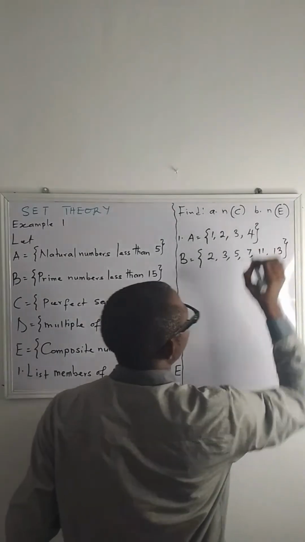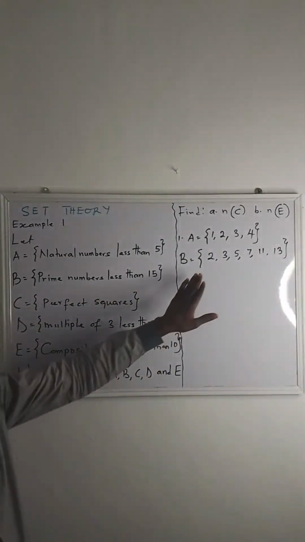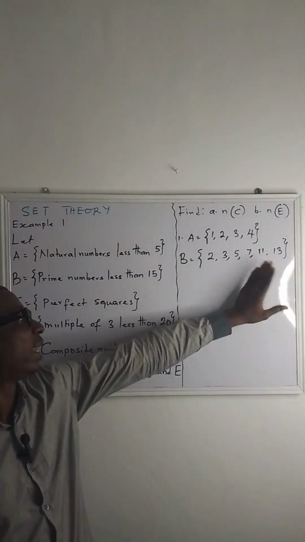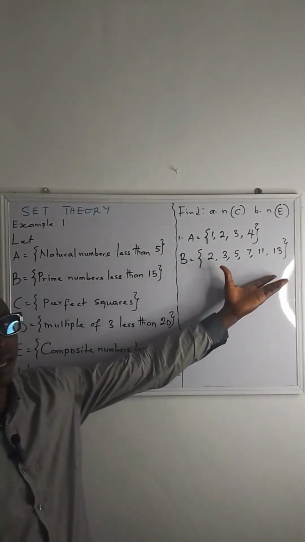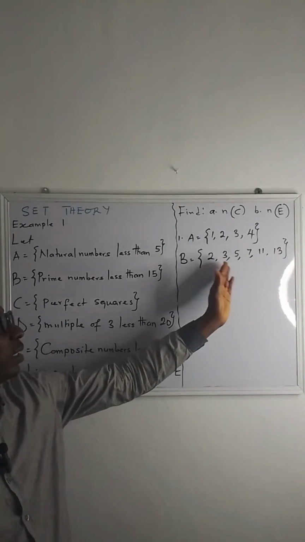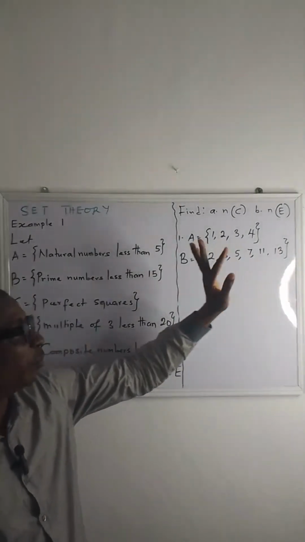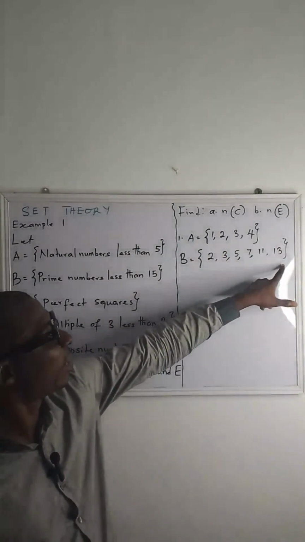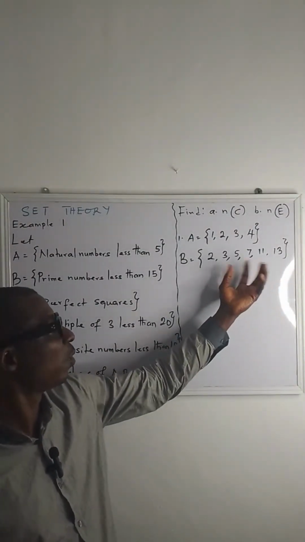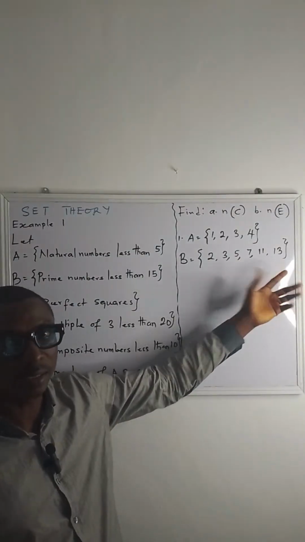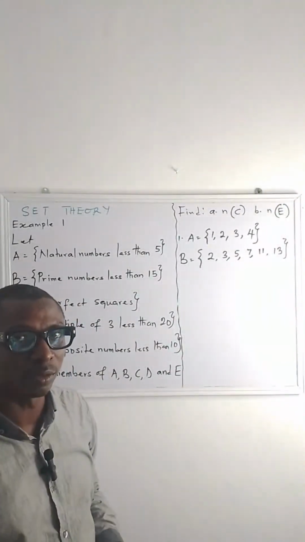These are the prime numbers that are less than 15. So you have listed it. And don't forget, when listing members of a set, make sure you put the members in curly brackets. They must be enclosed in curly brackets, otherwise it's not a set. So let's take note of this.